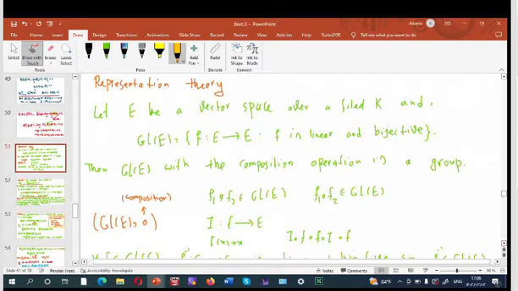Now if we consider this matrix, this is an m times n matrix.